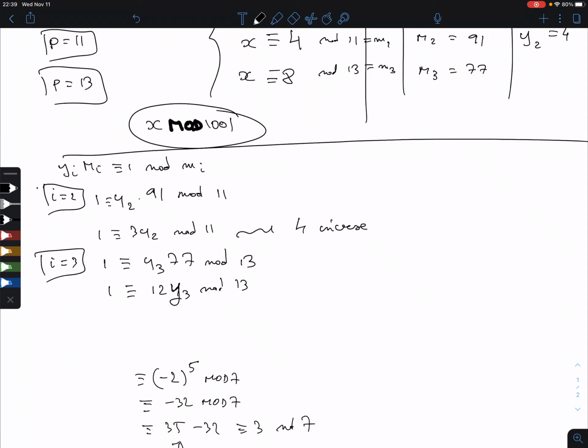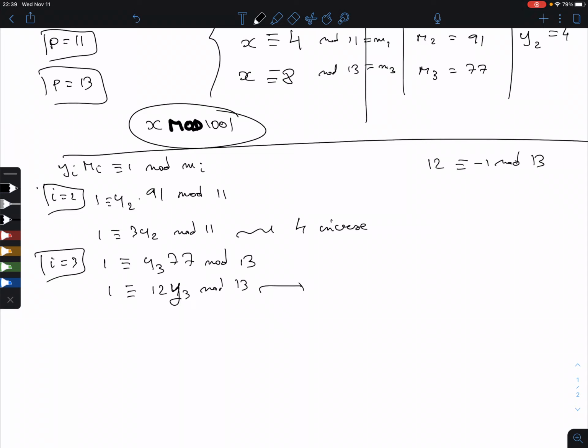So what's the inverse of that? Well, again, 12 is the same as minus 1 mod 13, right? 12 is so close to 13, I'd rather work with the smaller number. And what's the inverse of minus 1? What number multiplied with minus 1 gives me 1? Well, minus 1.